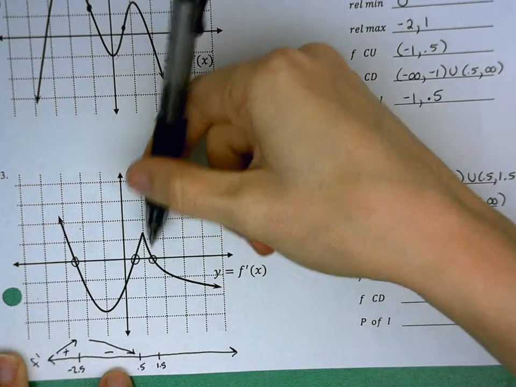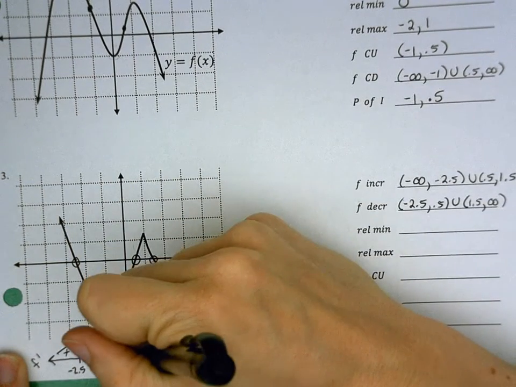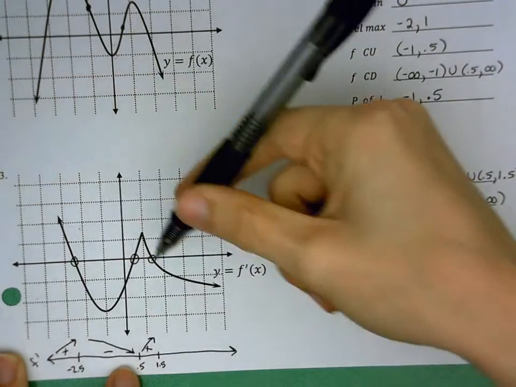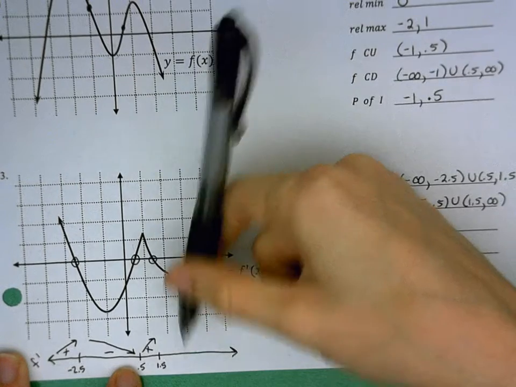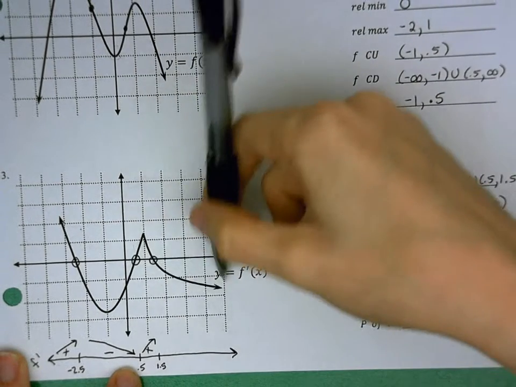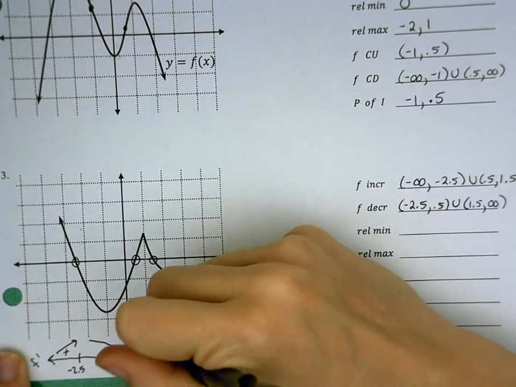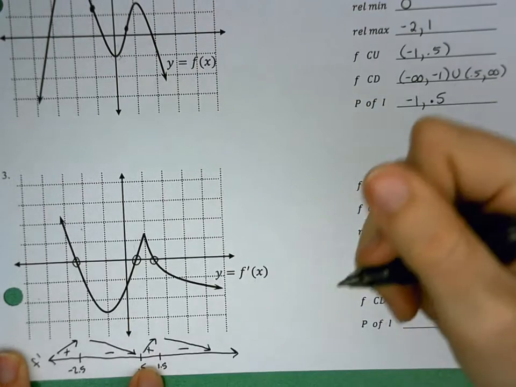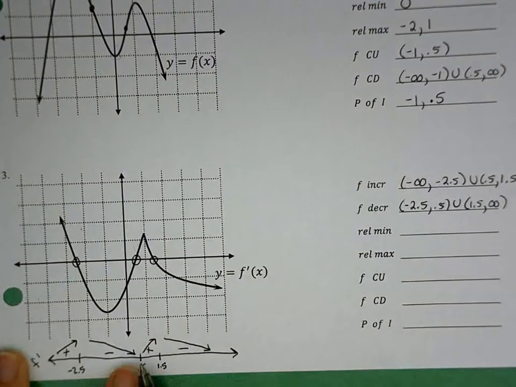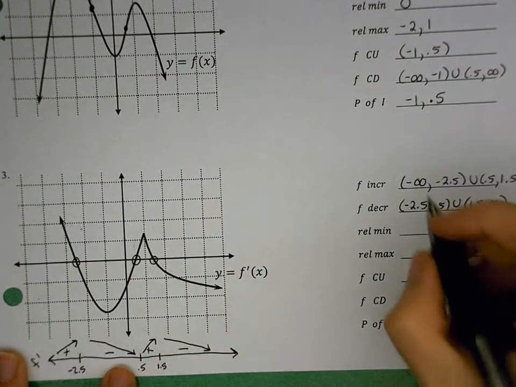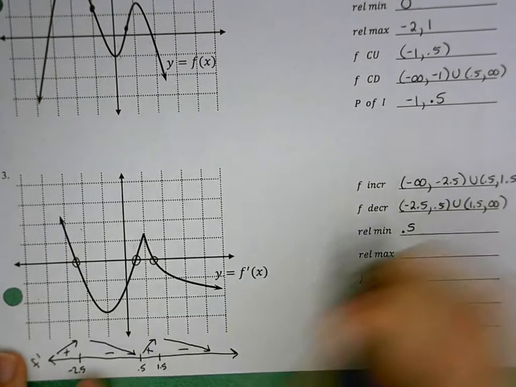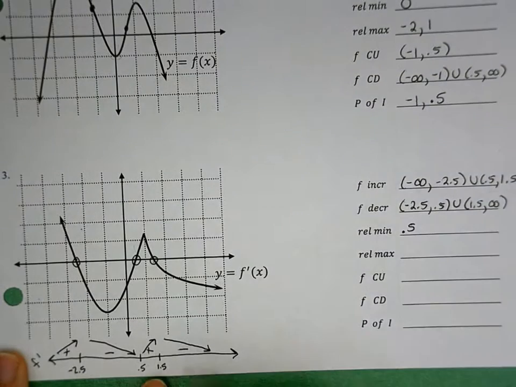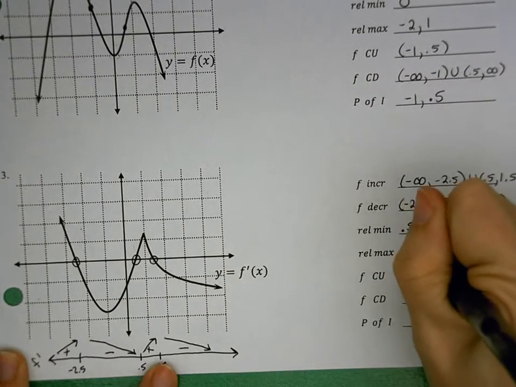It's above the x-axis, so positive. And right of 1.5 is this part of the graph, which is below the x-axis. It's negative. And so I have a minimum here, a valley at 0.5, and I have two maximums, one here at negative 2.5 and one here at 1.5.